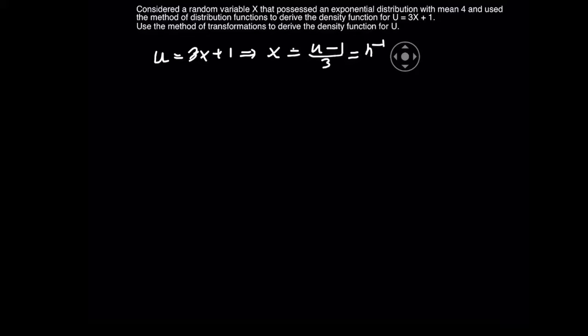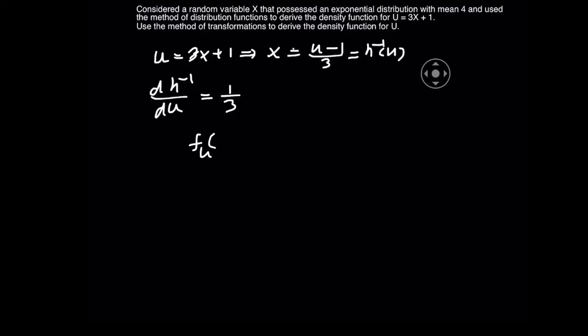This is the h inverse of u, so the derivative of h inverse of u equals 1/3. Okay, now we can consider this equation: f_U(u) equals f_X of h inverse of u, times the absolute value of d h inverse over du.